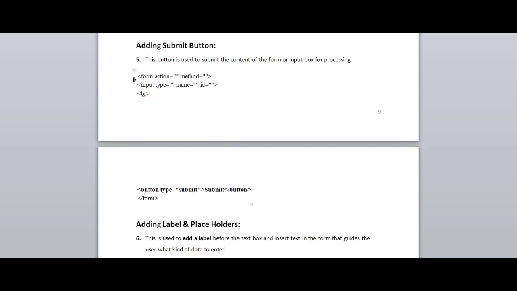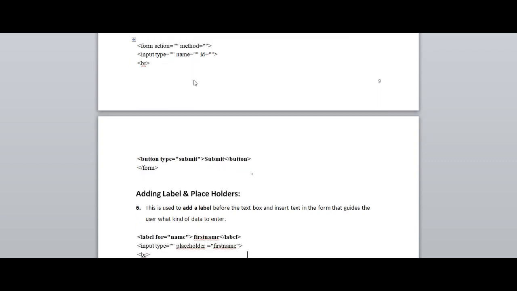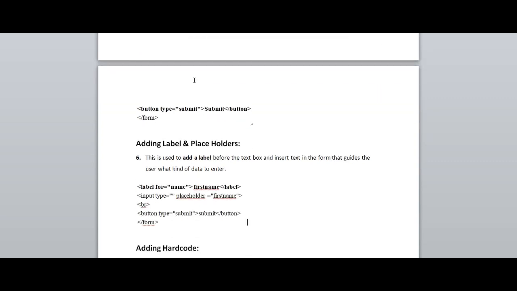Let's see how it works. Now, if you watch carefully, the last code we used started from form action method. Now let's go down and watch where this one starts from. Now we have label for name. We have first name. We put in front of it first name, label for name.